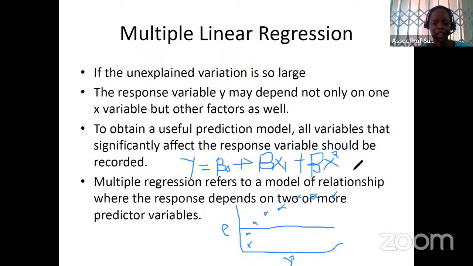So hopefully that is clear. Sorry about my handwriting. The x squared signifies the quadratic model. And if you get a graph like this one, then we can try to fit a quadratic model, and that falls under polynomial regression. Okay, hopefully that is clear. So I'm going to remove this.